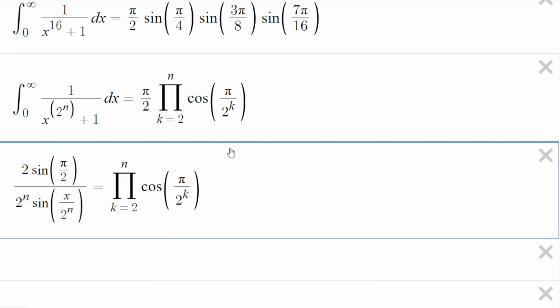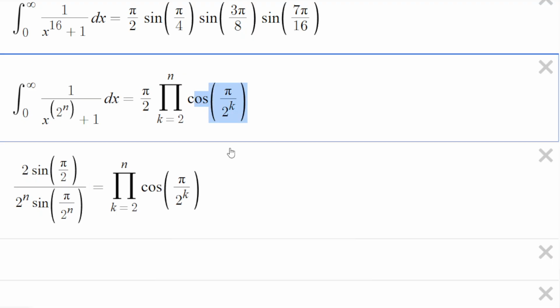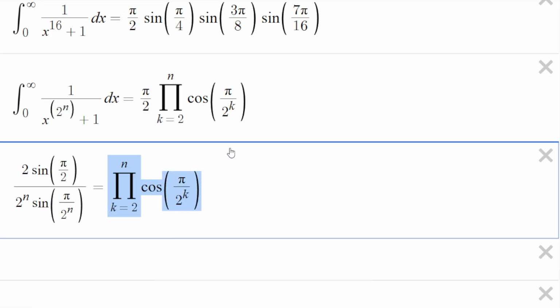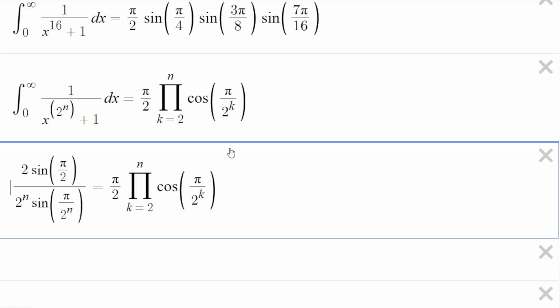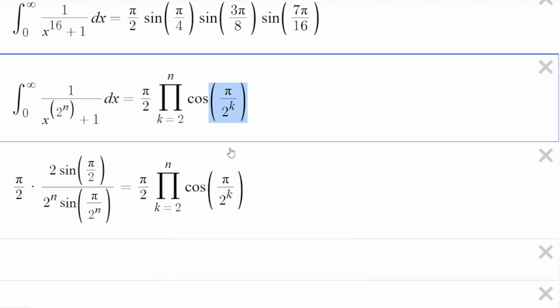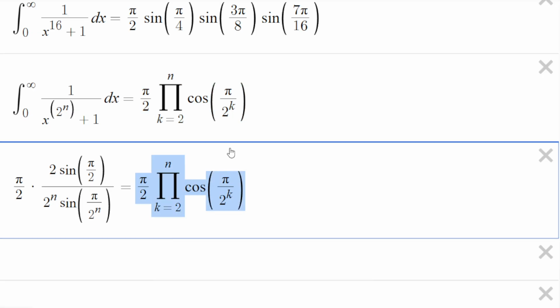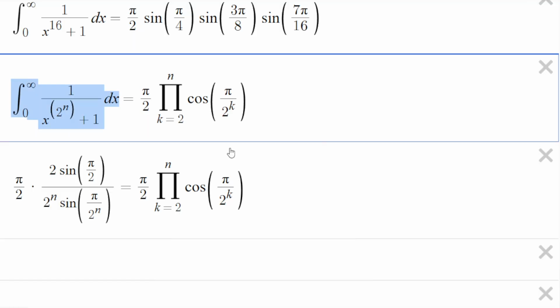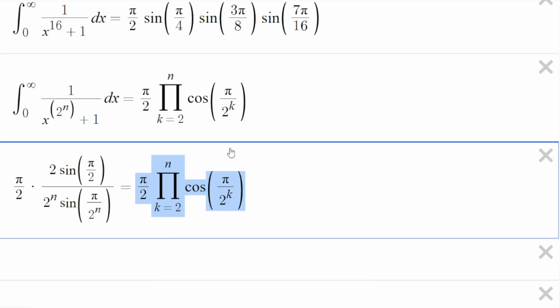Pi, and then pi, right? That's 100% true. Okay, and now this is almost the same as this. All we need to do is multiply both sides of the equation by pi over 2. So let's do that. Pi over 2. And now this is equal to this, and this is equal to this. So now we have this equation.